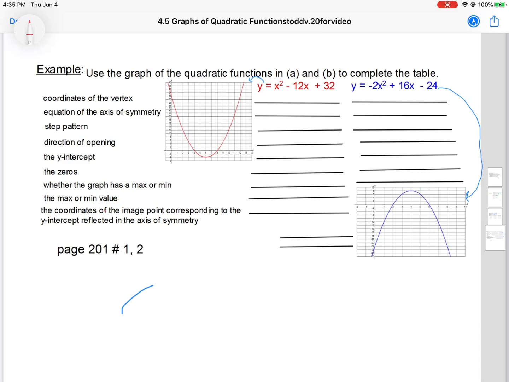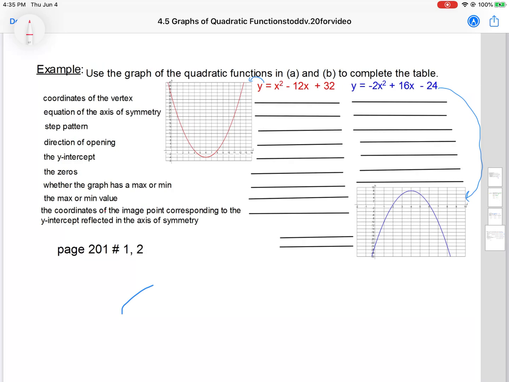The next section we're going to will be looking at taking this standard form equation and factoring it and changing it so that we can get information out of it. Okay, so that's what we're moving towards.